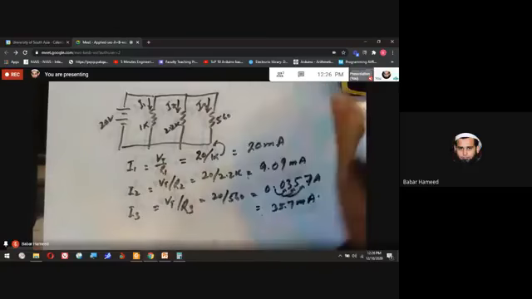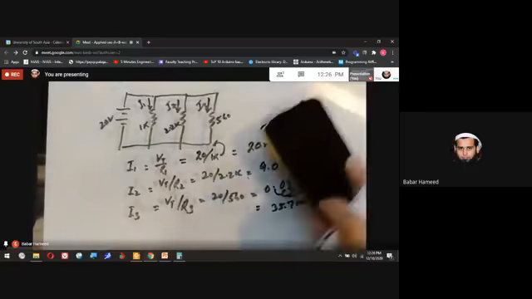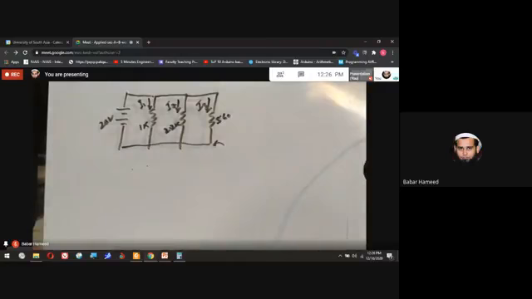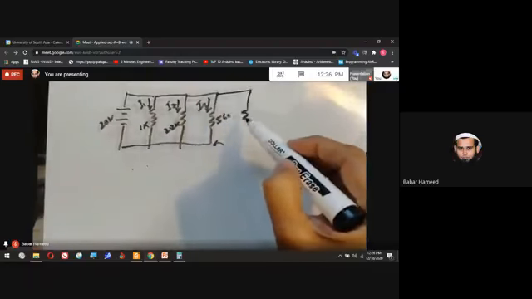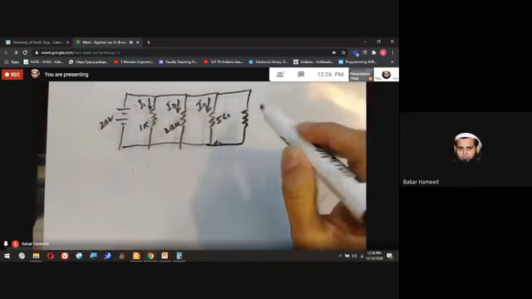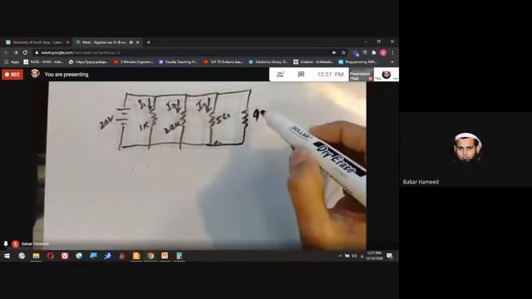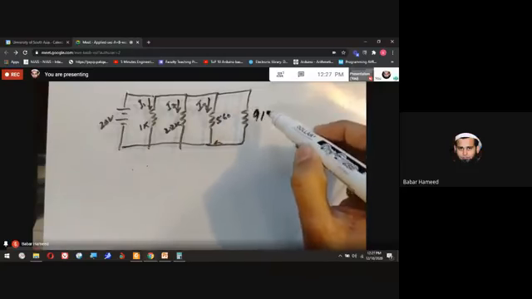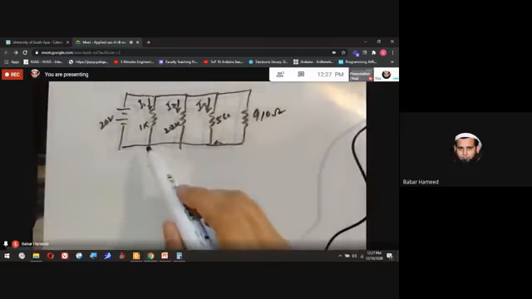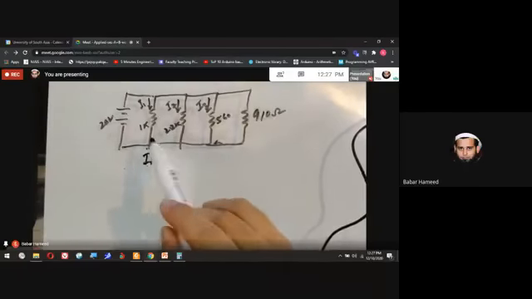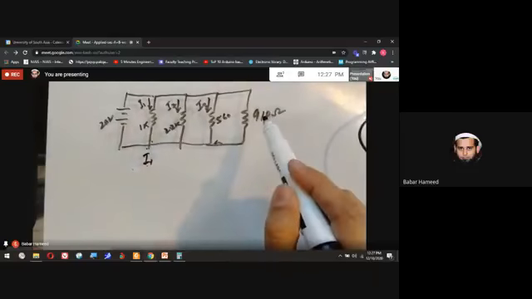There is another question for practice. If we connect one more resistance of 910 ohm, how much current will flow through each branch? I1 will remain the same because I1 is independent of any other current.